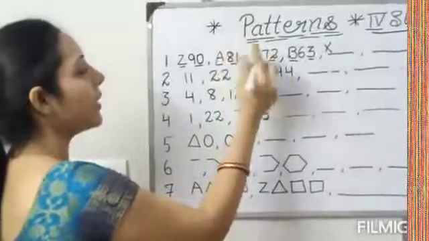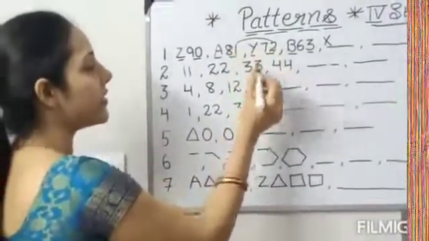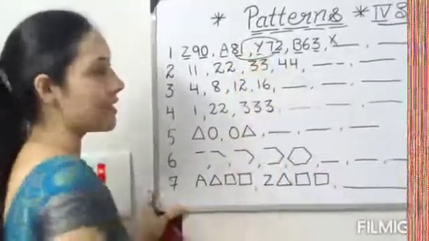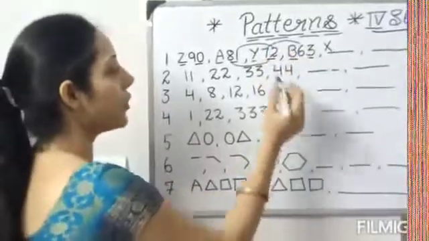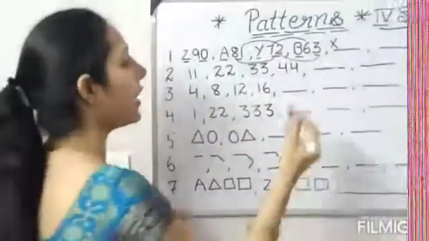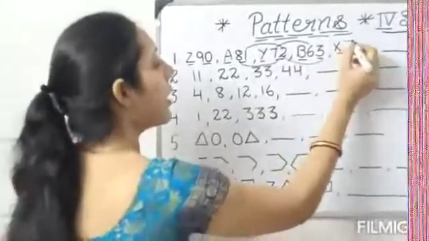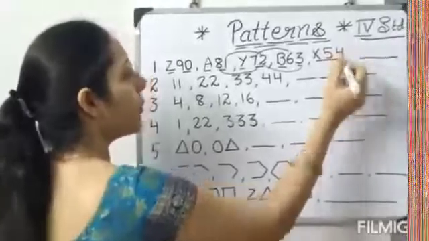See, 8, 7, 1, 2. 1 has increased to 2 and 8 has decreased to 7. Again, 7 has decreased to 6, 2 has increased to 3. So now what will come for us? Very good. 5, 3 will increase to 4.